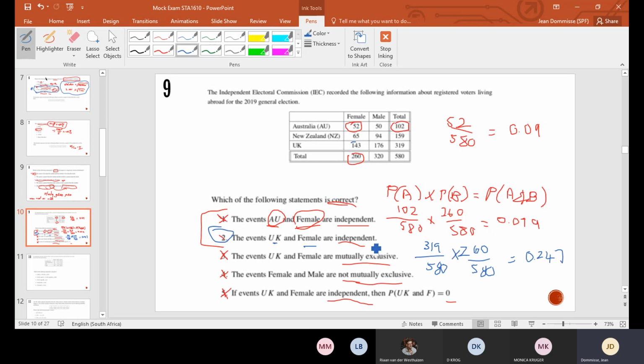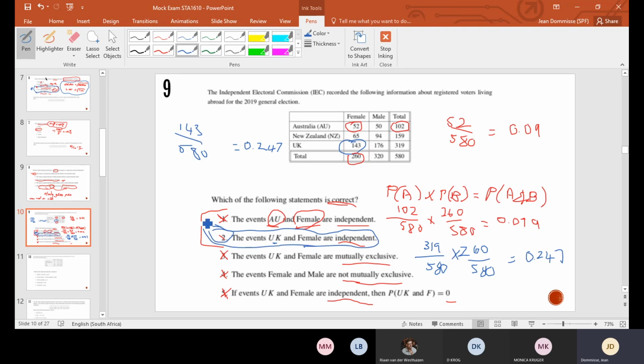Then we need to check if the AND is the same. When we say 143 divided by 580, we actually get 0.247. So we know then that this one is the correct one.